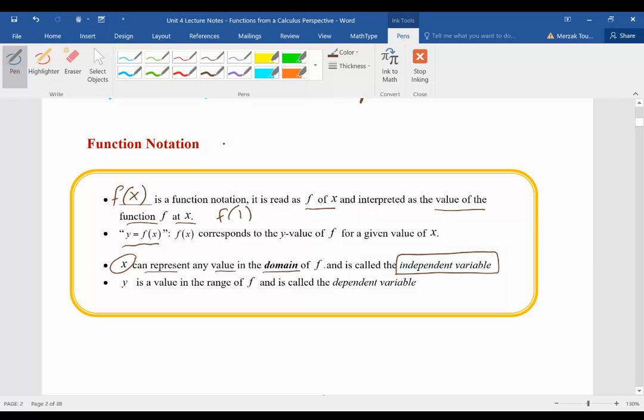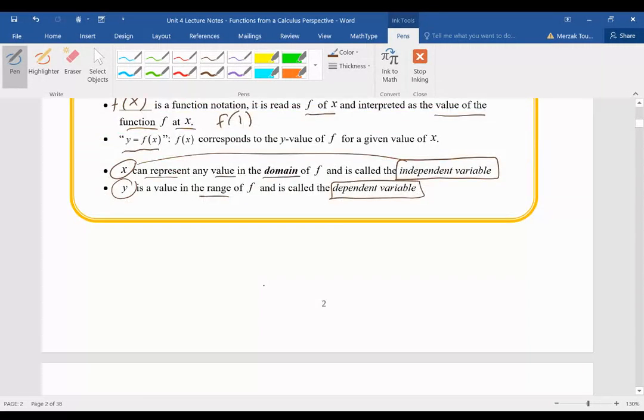So, in this case, x will be the independent variable, and y is a value in the range, and it is a dependent variable.